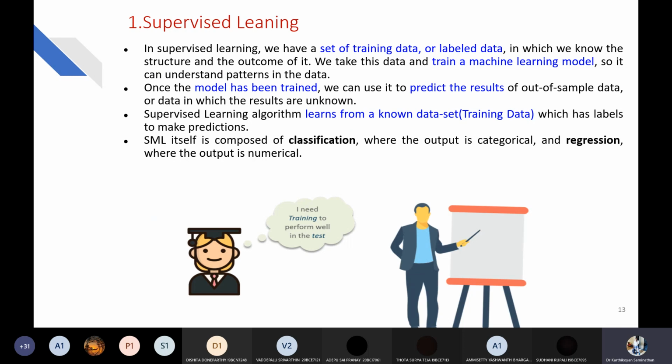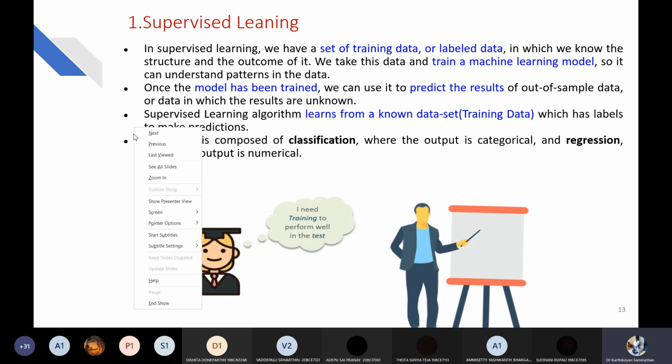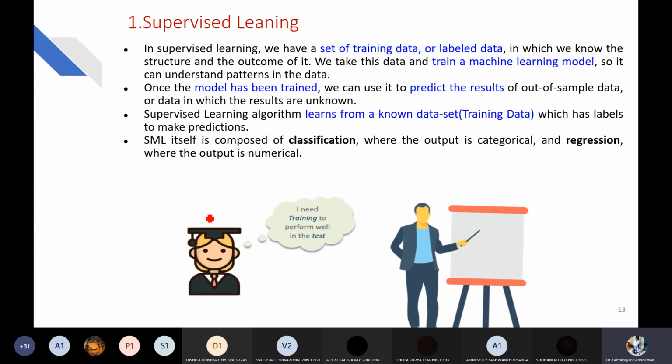In one line, a supervised learning algorithm learns from a known data set, that is training data, which has labels, to make predictions. So with the help of labels, we will predict the data. If there is no label, then it goes under unsupervised.